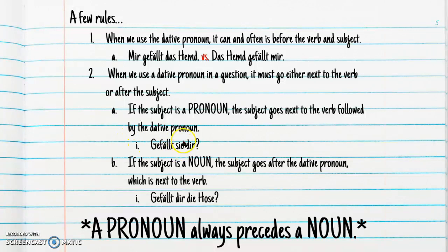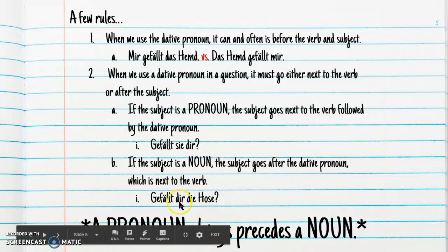Because our subject is sie, in this case meaning it, the feminine version of it, we are putting that before the dative pronoun and next to the verb. If the subject is a noun, the subject goes after the dative pronoun, which is next to the verb. So here we have our dative pronoun, dir, followed by our noun, die Hose. And although it's the subject, die Hose is not next to the verb.